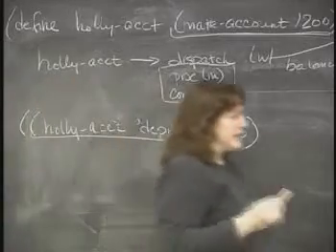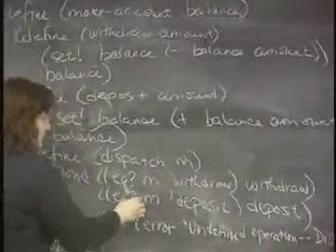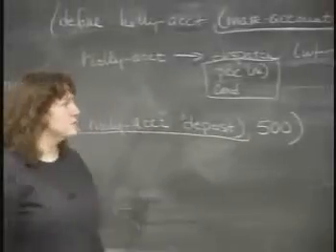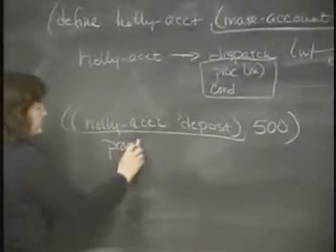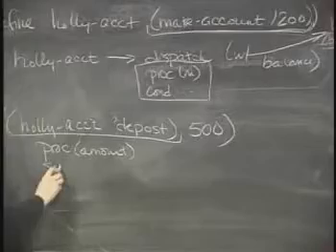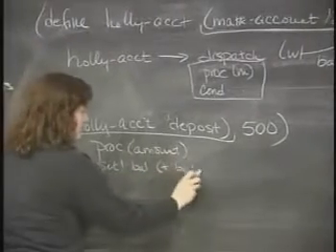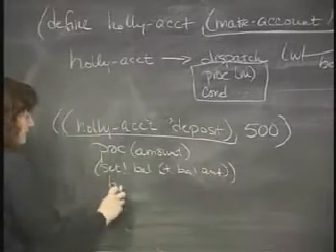And so what dispatch does is it takes this message and it checks it. Is it equal to withdraw? No. Is it EQ to deposit? Yes. So it returns the deposit procedure. So it returns us this procedure here. So now we have a procedure that takes in an amount and does a set bang on balance of plus balance and amount, and then returns the balance.